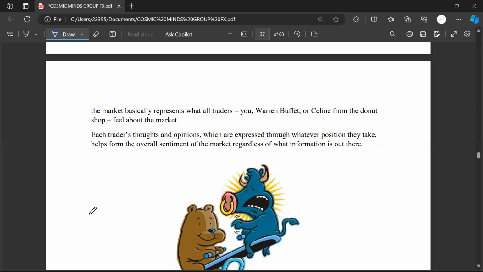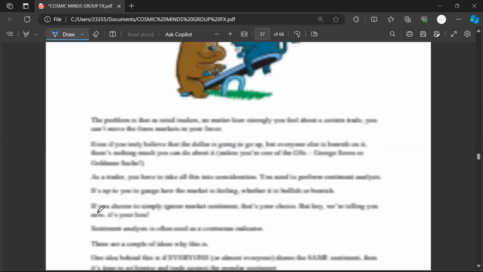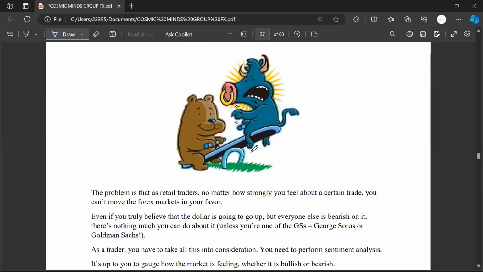So we call it the consensus and whatever. It is actually what is displayed there. So like this, one is thinking the market will go up, another is thinking that the market will be coming down.